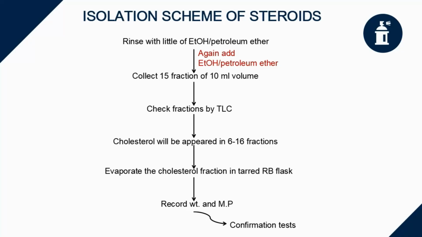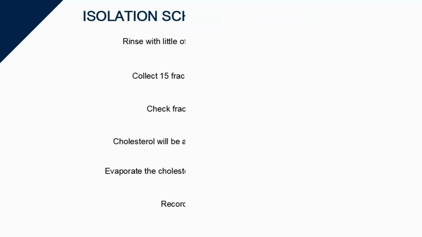After that, the cholesterol is identified with the help of specific tests for the confirmation of the steroid molecules. So, this is the specific method for the isolation, purification, and identification of steroid natural products.